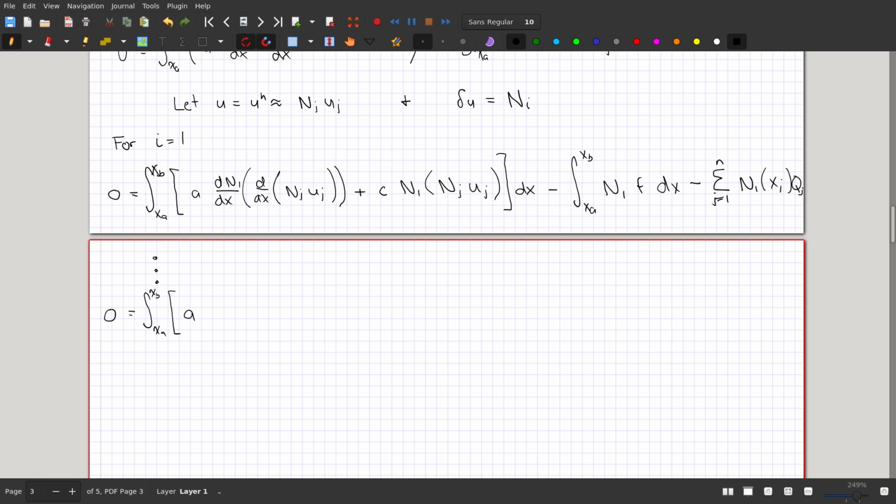So now I'm just writing the nth equation, so in n. Now, for the second term, notice in the first equation I wrote it explicitly like this, but I have d/dx of N u, and if I use the product rule, then I have dN/dx u_j plus N du_j/dx. But u_j is a constant, right? So that second term is 0. The derivative of a constant is 0.